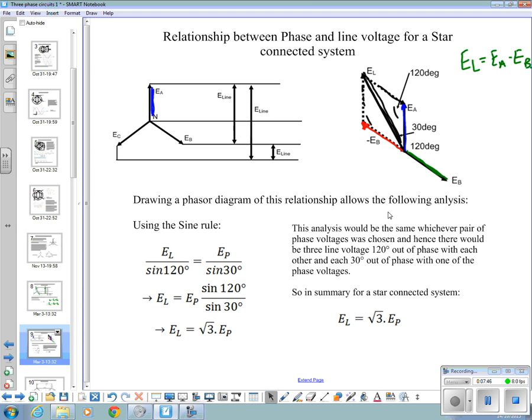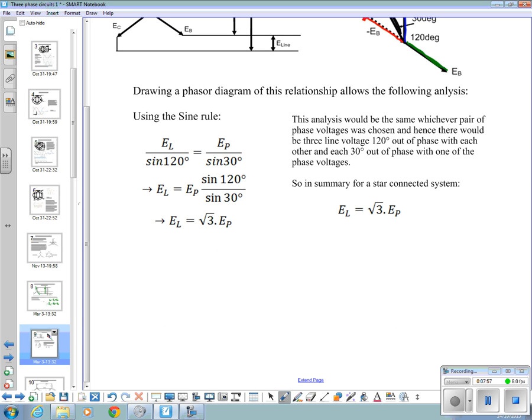Okay, if we look at one of those triangles, we've got 120 degrees. Let's just extend this page down here a minute. We've got a triangle here, like that, where this line is EL. This is 120 degrees. These two are both 30.